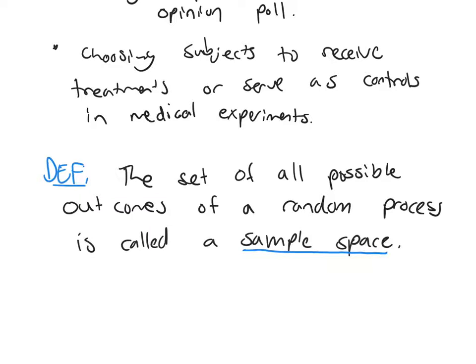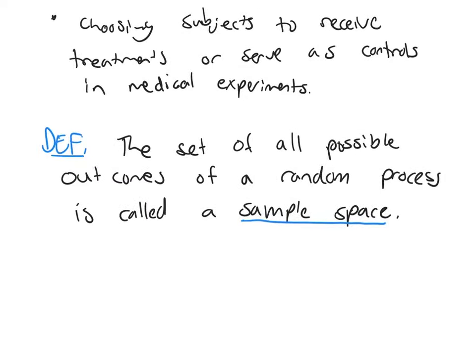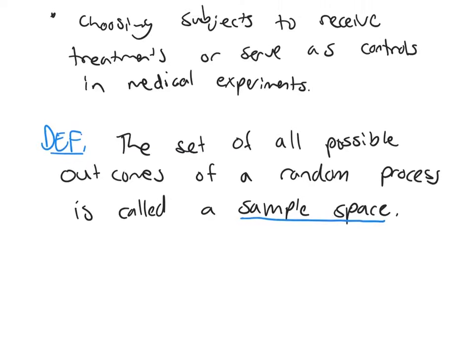So we've already seen an example of this when we drew our diagrams for the two coins. That was listing out the sample space.